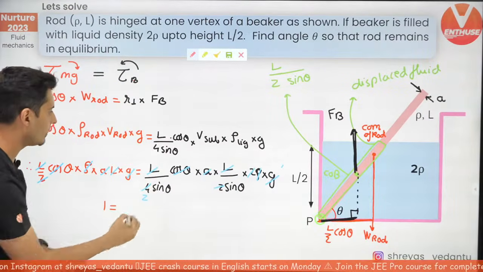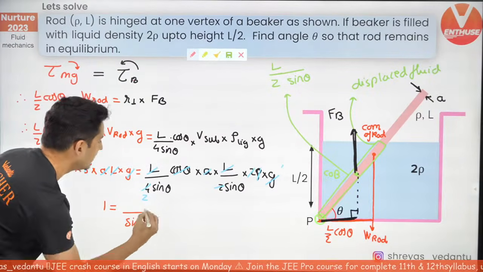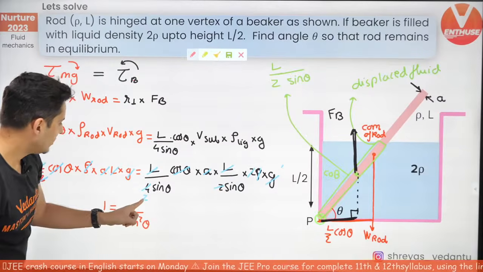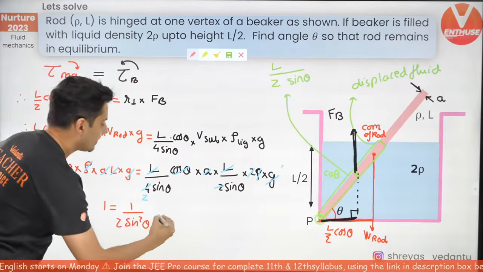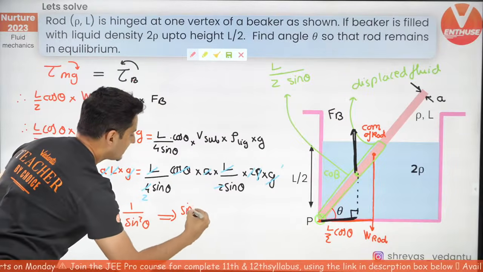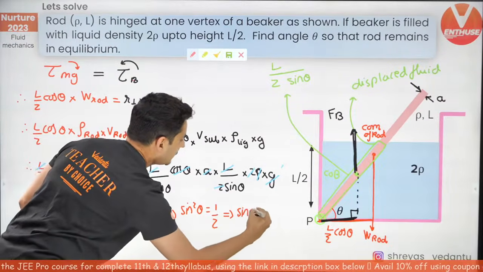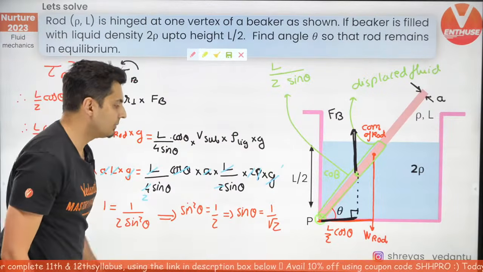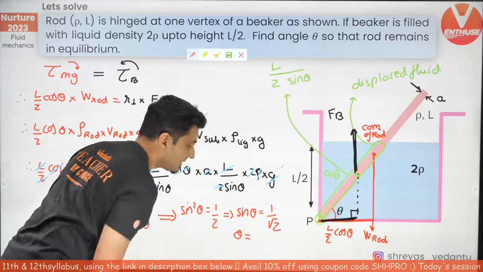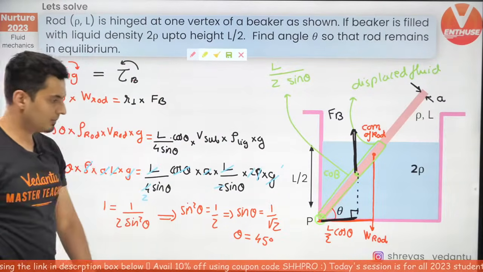So 1 is equal to sine theta into sine theta, that is sine square theta, and we just had 1 by 2 over here, and this is 1. So from this you will get sine square theta is half, from this you will get sine theta is 1 by root 2. If sine theta is 1 by root 2, that means theta is how much? 45 degree. That's the answer.